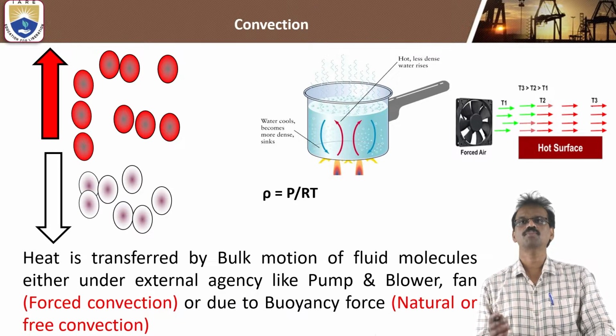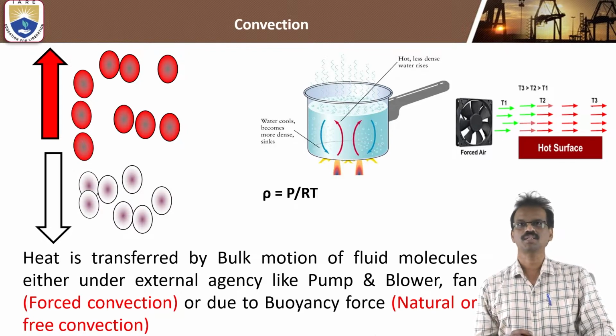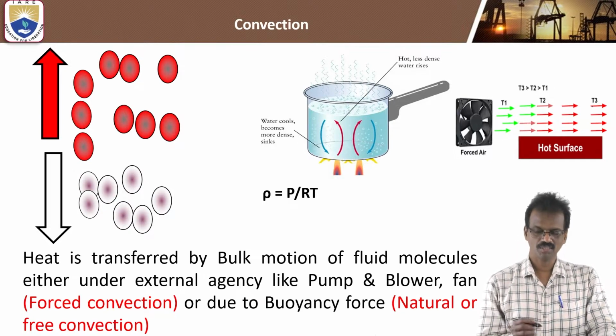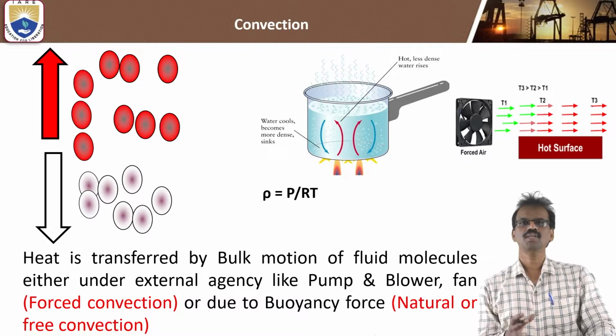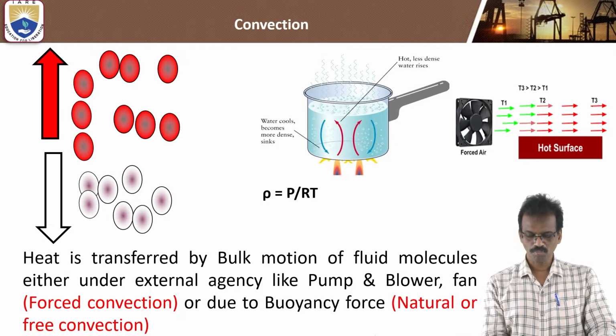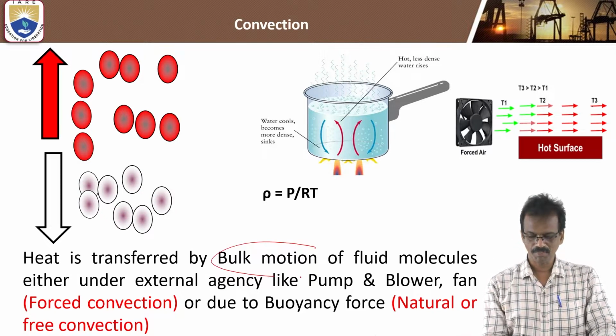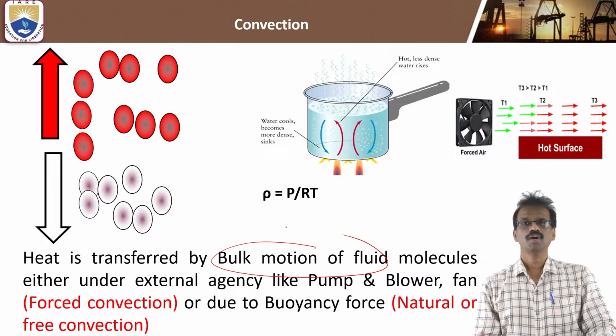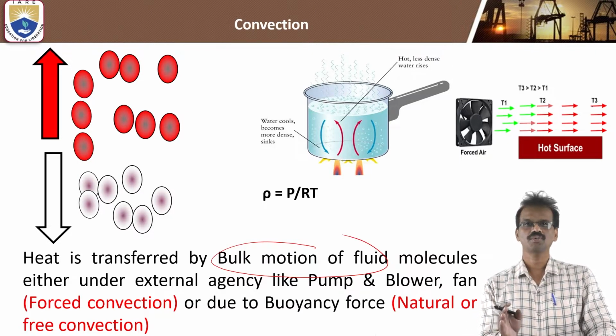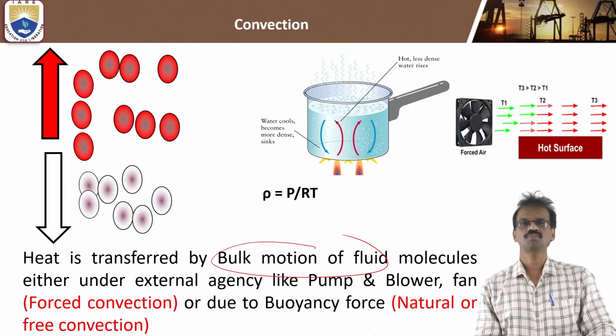There is no bulk movement of particles in conduction. But convection is completely associated with the bulk movement of particles. Particles move from one place to another, and this movement is needed to transfer the heat from one body to another.